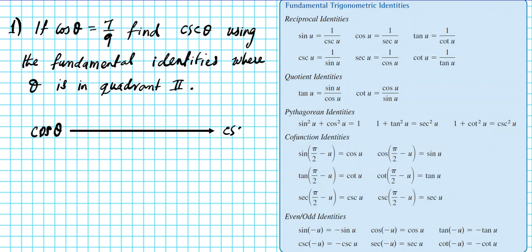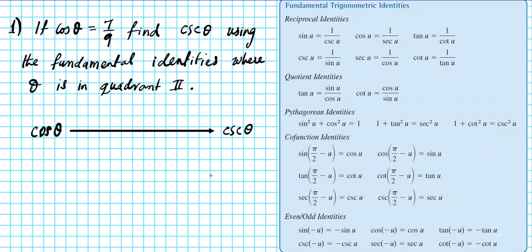Alright, you can think about it as a trip. You're taking a flight. So if you're flying from, let's say, cosine land to cosecant land, what flights will take you from this origin to this destination, considering the fact that these identities are your different flights? Is it going to be a direct flight? In that case, we just have one formula, or do we have multiple formulas or flights to take us from cosine to cosecant?